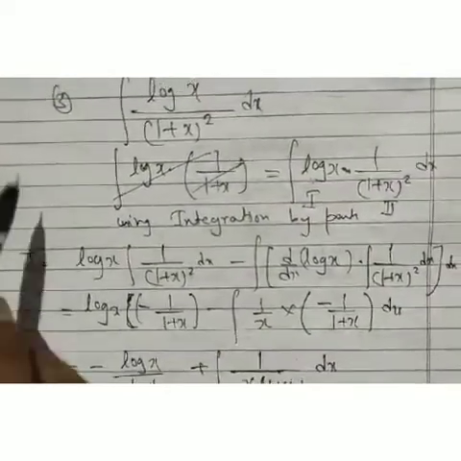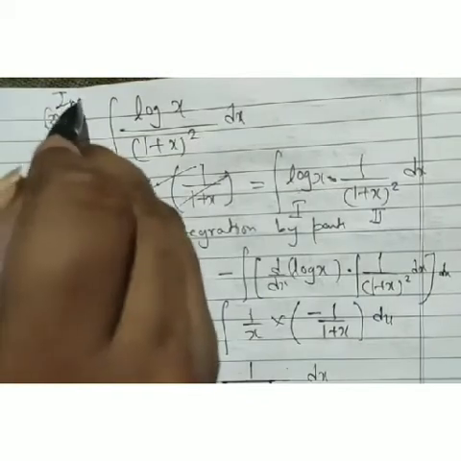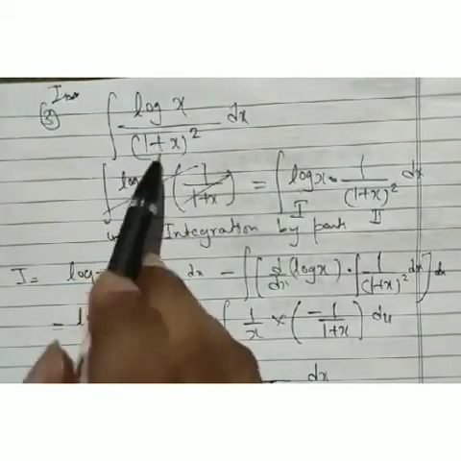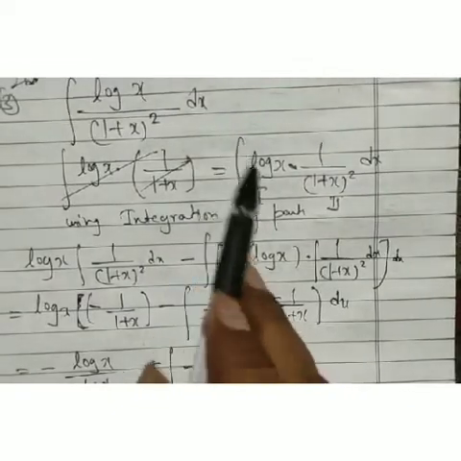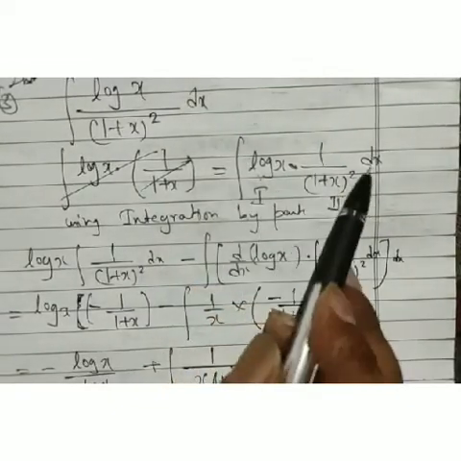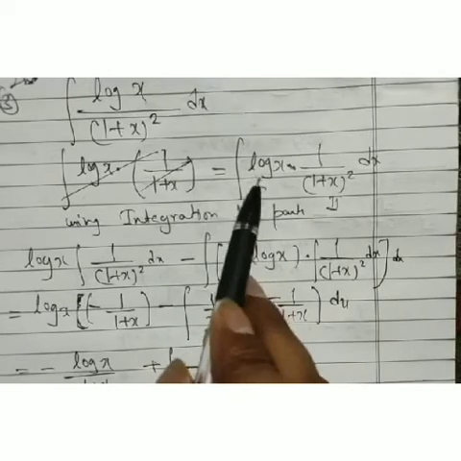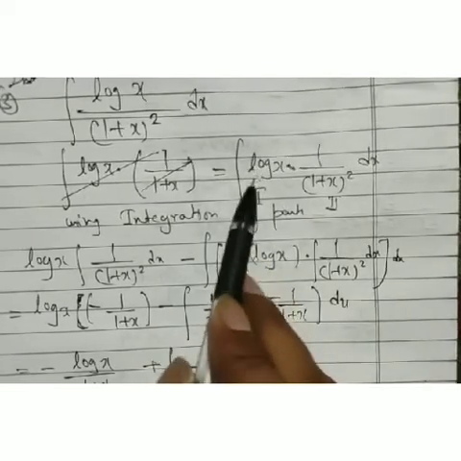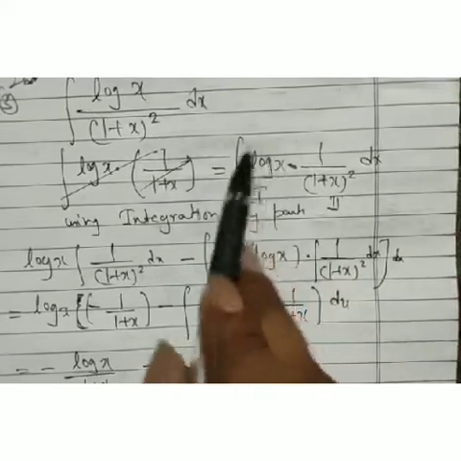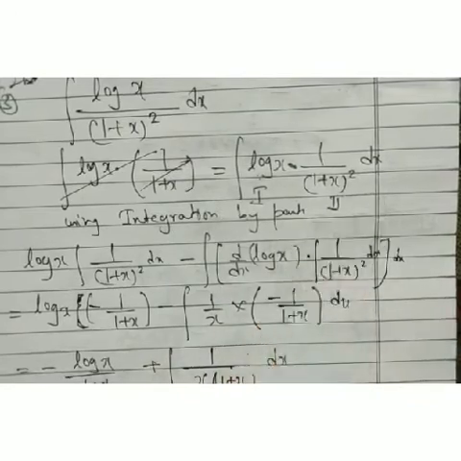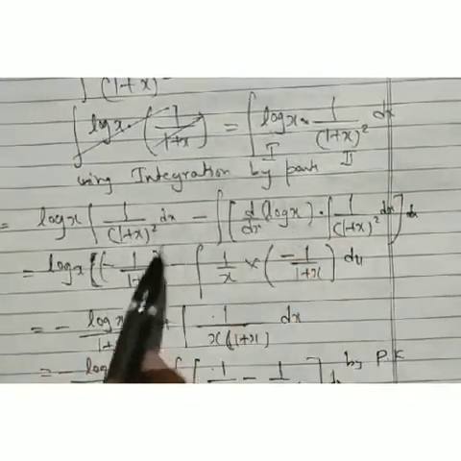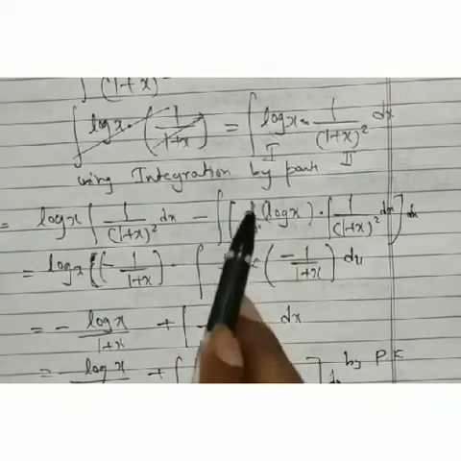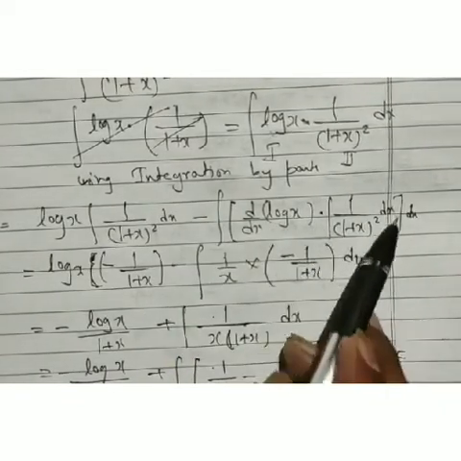I'm just going to revise this again. It's an important problem: integration of log x upon (1 plus x) whole square dx. I write it as the integration of log x into 1 upon (1 plus x) whole square dx. It's logarithmic and algebraic, so we take log x as the first function and this as the second function, using integration by parts: first function into integration of second function, minus the integral of derivative of first into integration of second.